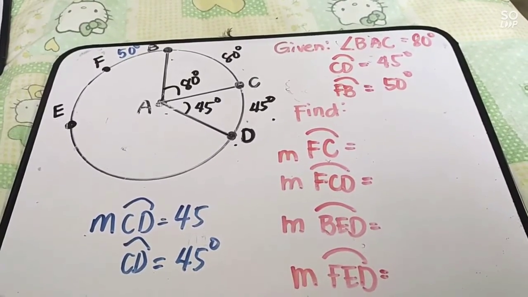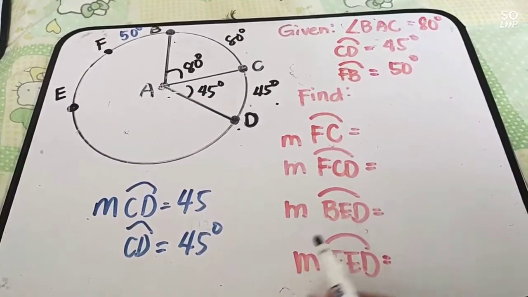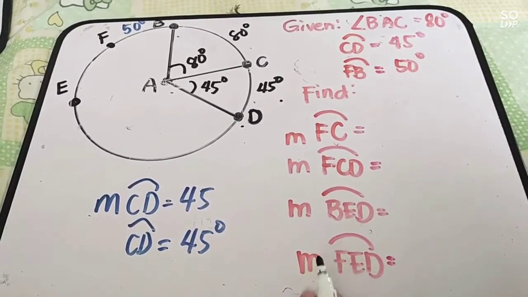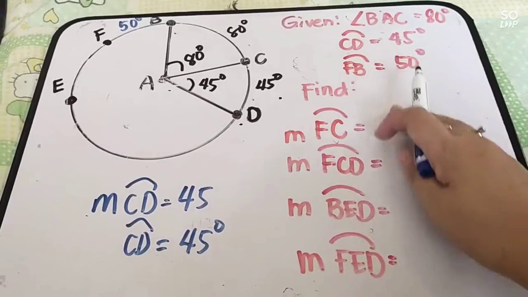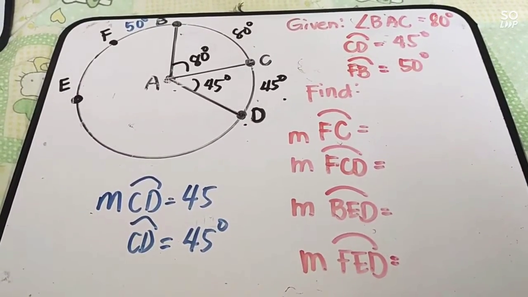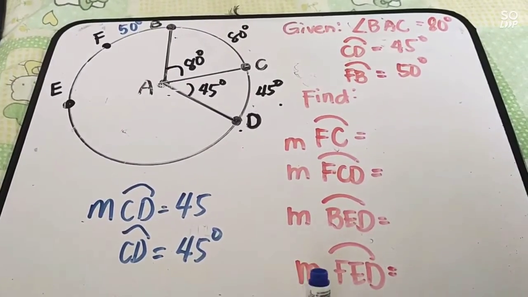Is it clear? Since what we are looking for has the measure or letter M on its side, your answer here no longer has a degree sign. Is it clear?